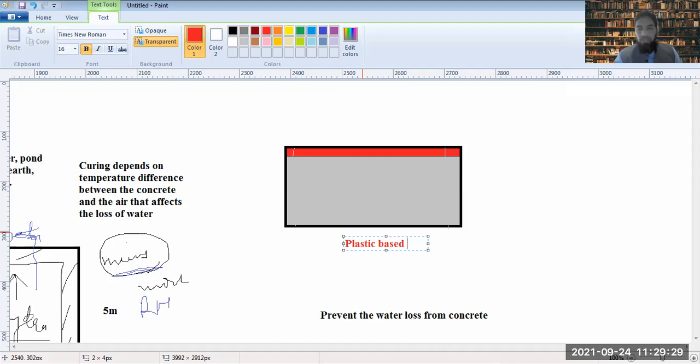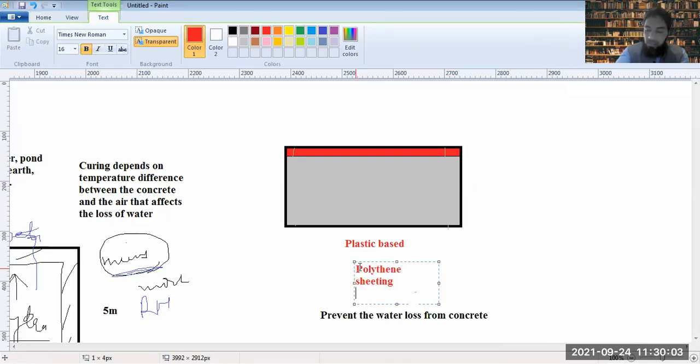But the evaporated particles may still be there. They will be collected underneath the surface of the polythene. So that will keep the undersurface moist even when evaporation may be happening due to heat, and that will be collected on the polythene and available for recuring of the concrete sample. So that's the polythene sheeting that you could go for.